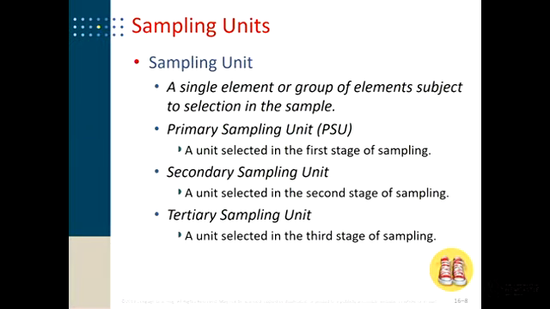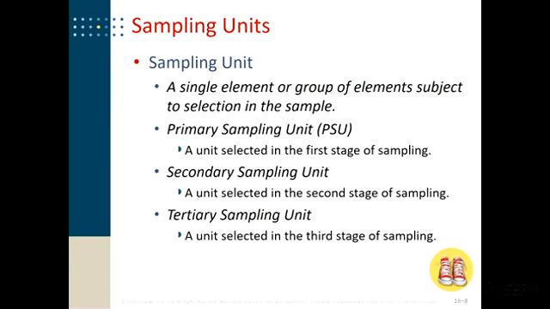Now, sampling unit. As we already discussed, a sampling unit is an individual element in the sample. For example, your sample includes 500 respondents. Each of these respondents is your sampling unit. Now you can see terms like primary sampling unit, secondary sampling unit, tertiary sampling unit.